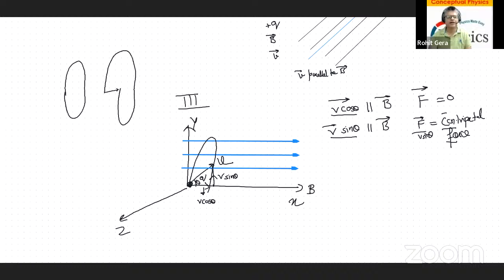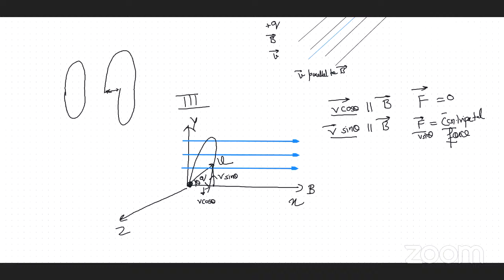It did not land because इसके पास v cos theta भी है, जिसको हॉरिजॉन्टली मूव करा रही है. समझ गया.